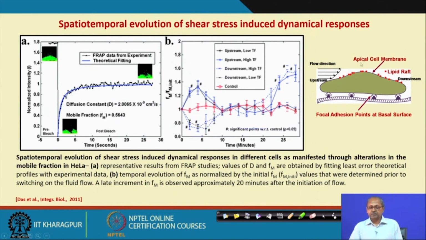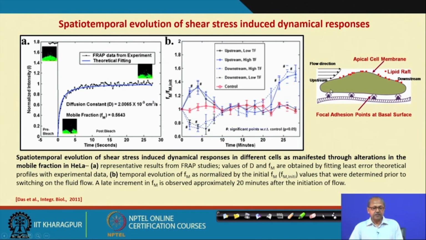As we are giving flow in the microfluidic channel, this end of the cells, where we are giving the flow direction, is the upstream and this is the downstream, and these are the focal adhesion points where the traction forces are generated.